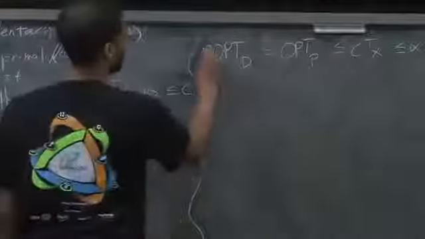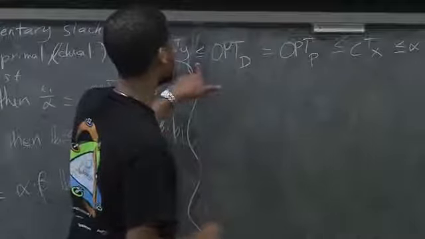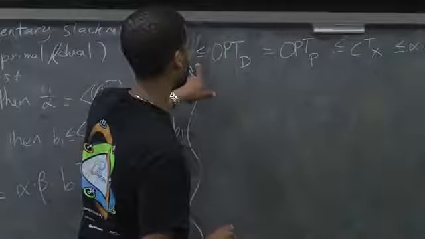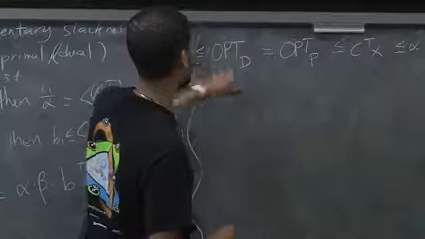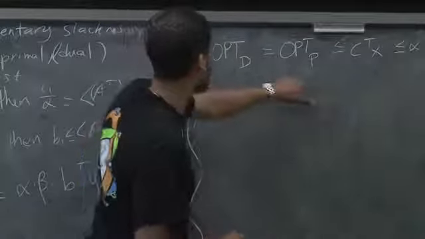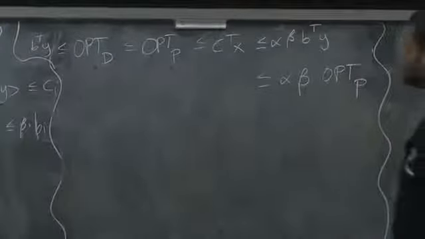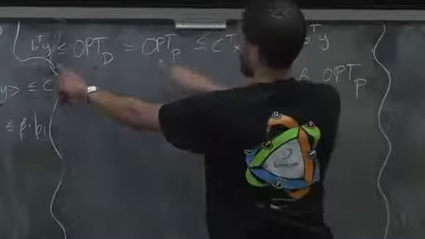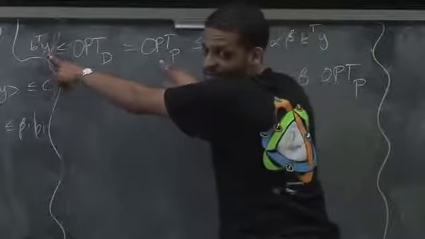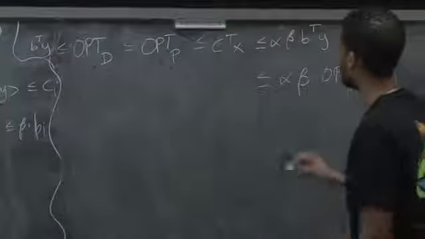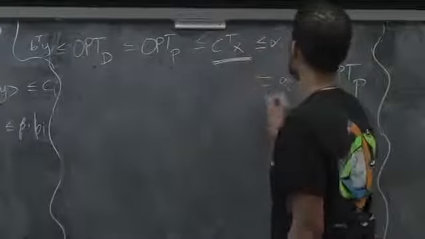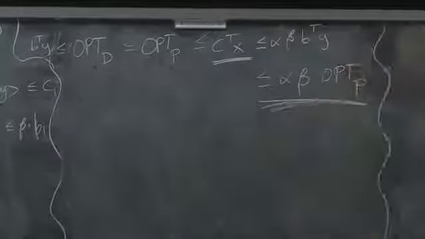So what do you know? Opt of the dual is bigger than or equal to opt of the primal is bigger than or equal to B transpose y, which means this is at most alpha beta of opt of the primal. Right? I just multiplied alpha beta by both sides of the inequality. And lo and behold, C transpose x is at most alpha beta times opt.